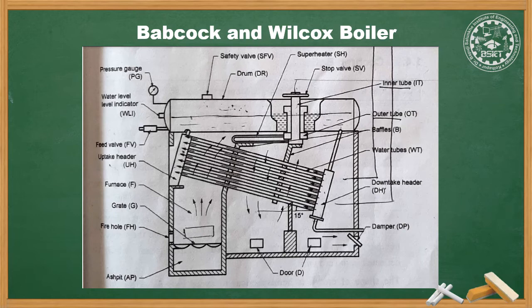The steam then enters the superheater tubes where it is further heated and then through the main stop valve is supplied to the application wherever necessary. The steaming capacity of this type of boiler is 700 kg per hour at 10 bar pressure.